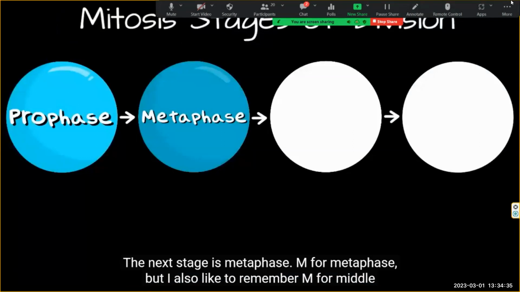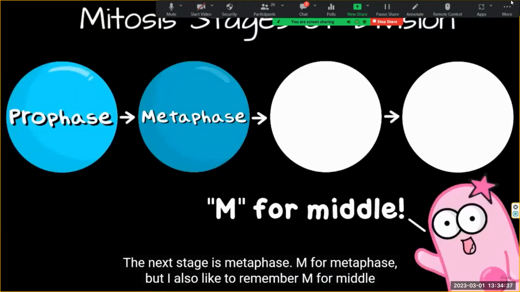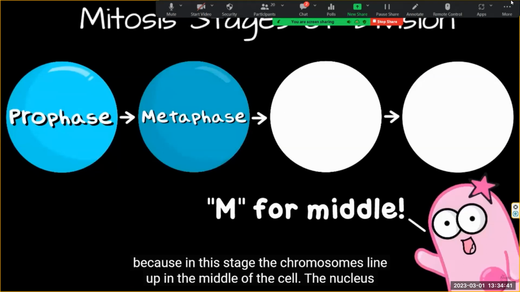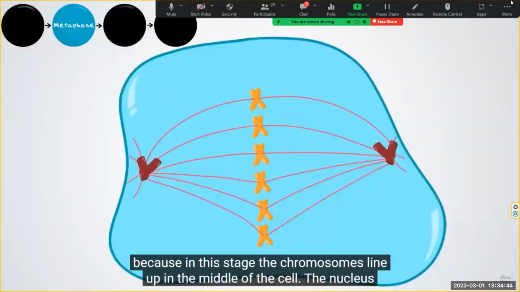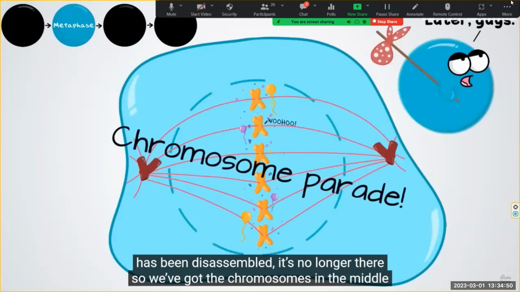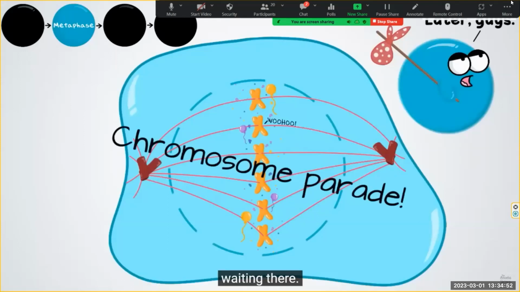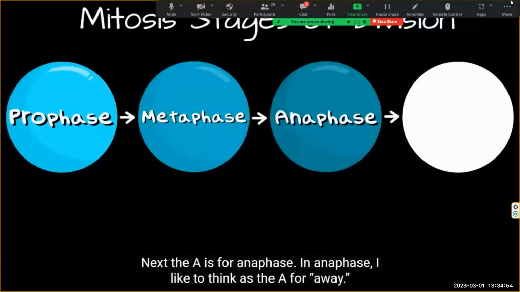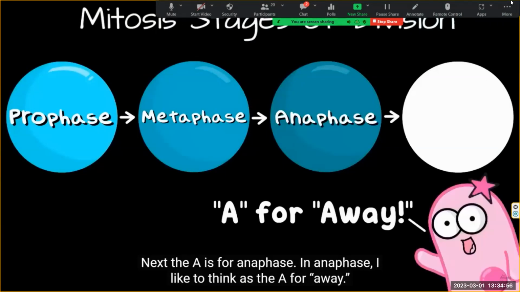The next stage is metaphase. M for metaphase, but I also like to remember M for middle because in this stage, the chromosomes line up in the middle of the cell. The nucleus has been disassembled, it's no longer there, so we've got the chromosomes in the middle waiting there. Next, the A is for anaphase. In anaphase, I like to think of the A as for away.